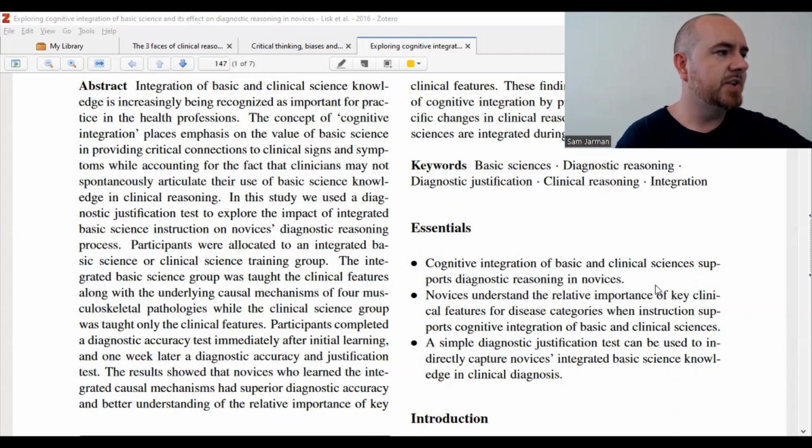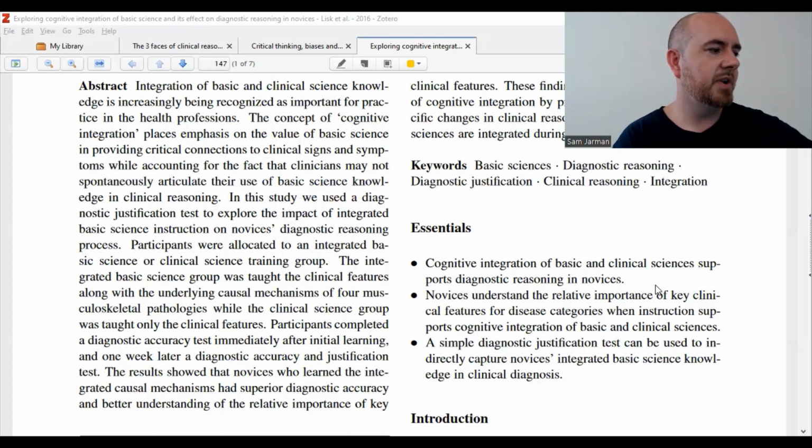So the abstract here: integration of basic and clinical science knowledge is increasingly being recognized as important for practice in health professions. The concept of cognitive integration places emphasis on the value of basic science in providing critical connections to clinical signs and symptoms, while accounting for the fact that clinicians may not spontaneously articulate their use of basic science knowledge in clinical reasoning. In the study, we use a diagnostic justification test to explore the impact of integrated basic science instruction on novices' diagnostic reasoning process.